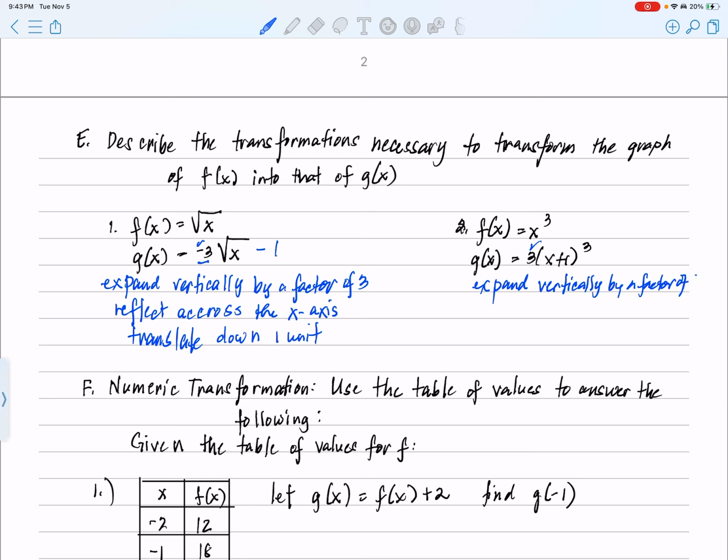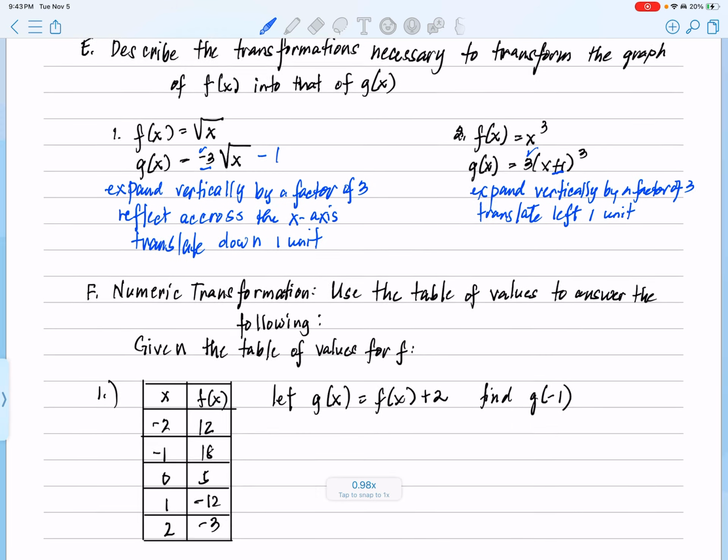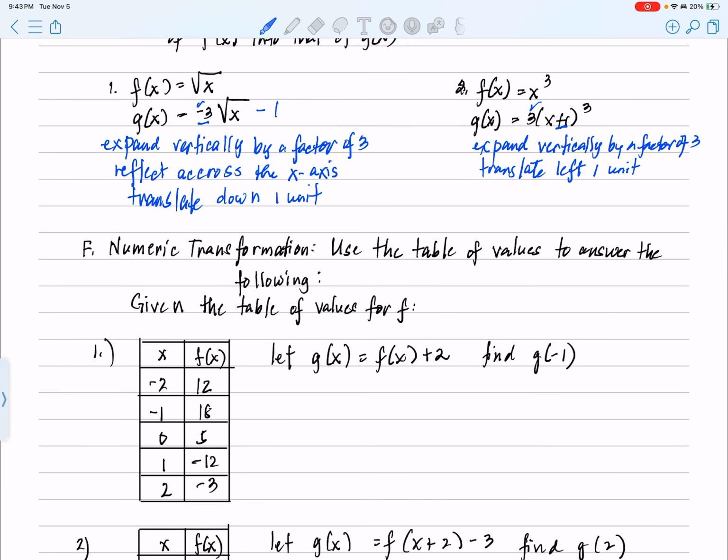Then what happened inside? Translate 1 unit, translate to the left 1 unit because it's plus. So in its plus, it is moving to the left. All right.